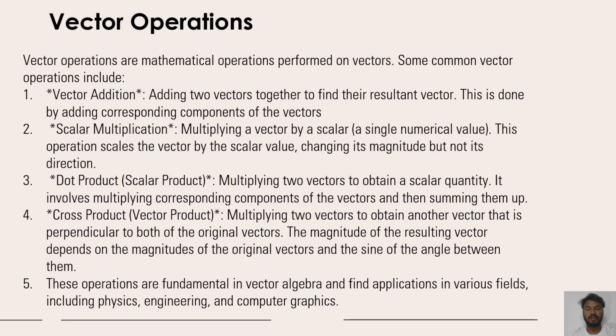The magnitude of the resulting vector depends on the magnitudes of the original vectors and the sine of the angle between them. These operations are fundamental in vector algebra and find applications in various fields including physics, engineering, computer graphics, and so on.